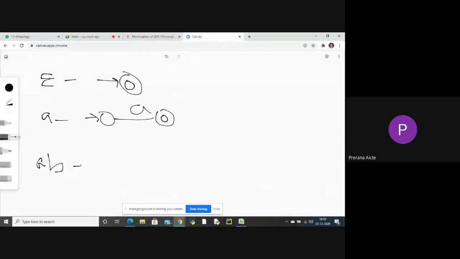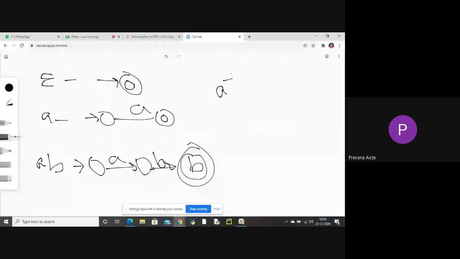If you have a string AB, then it is represented like this, A then B. If you have A star, then it is represented by this diagram.